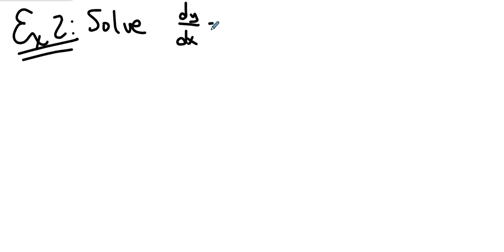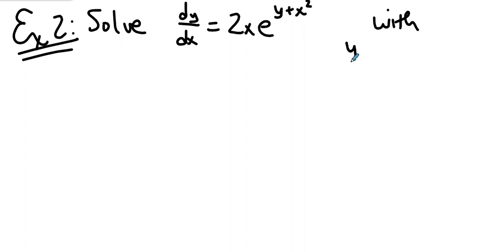Solve dy dx equals 2x e to the y plus x squared with y equals 0 when x equals 0.